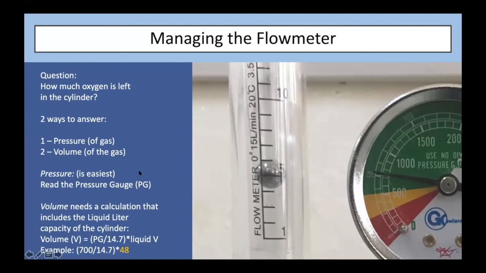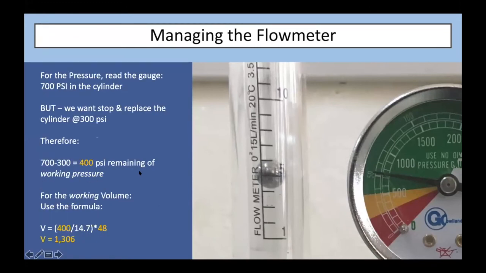For example, we see on this pressure gauge, the pressure is 700. So in this case, we would divide 700 by 14.7, that's atmospheric pressure, and then multiply by the liquid volume of the cylinder. That will tell us how many liters of gaseous oxygen are left in the cylinder.